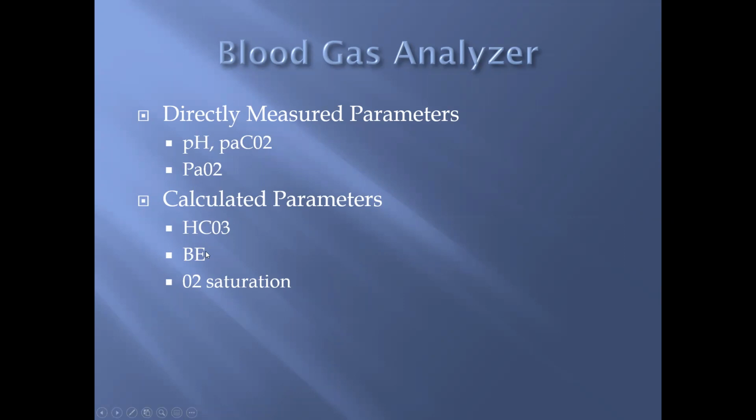Base excess, it's a calculation. Oxygen saturation, if you guys are using the ABLs, that has a co-oximeter built into it, and it is giving you a reliable oxygen saturation. If you were using the old blood gas machines, if you were using the iStat, it estimates what the oxygen saturation should be.